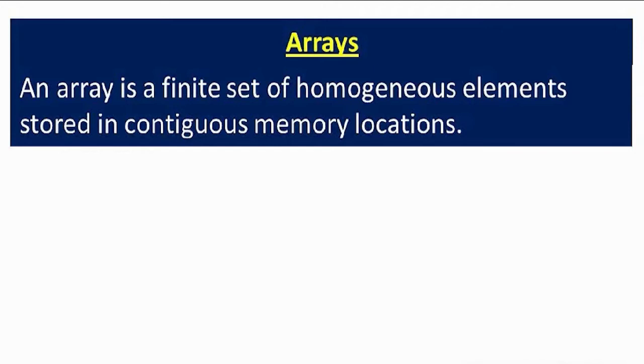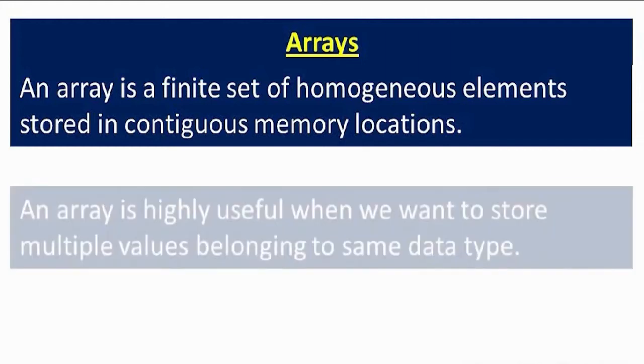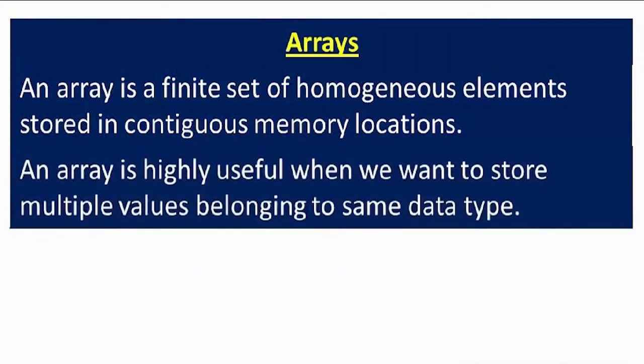If the array has been declared as float data type, all the array elements should be of float data type. An array is highly useful when we want to store multiple values belonging to the same data type.